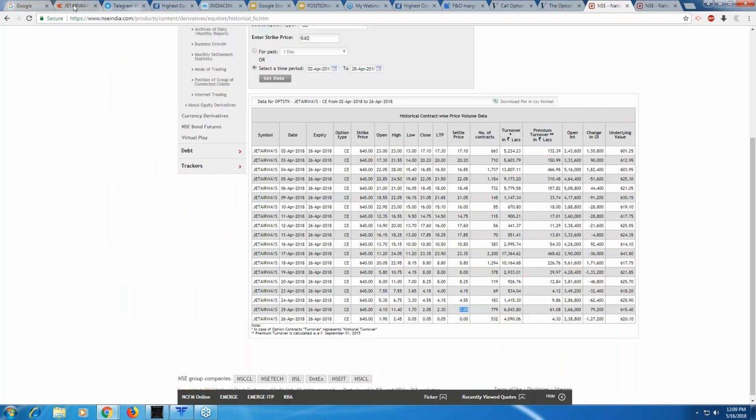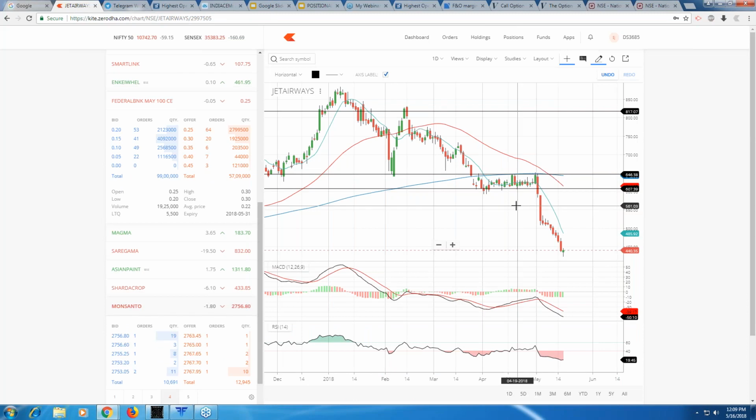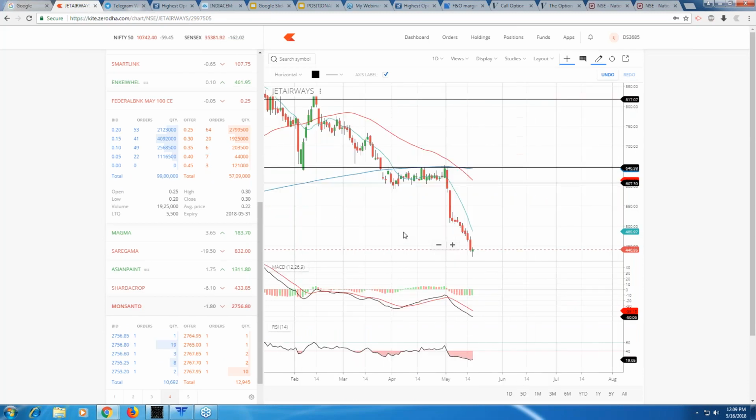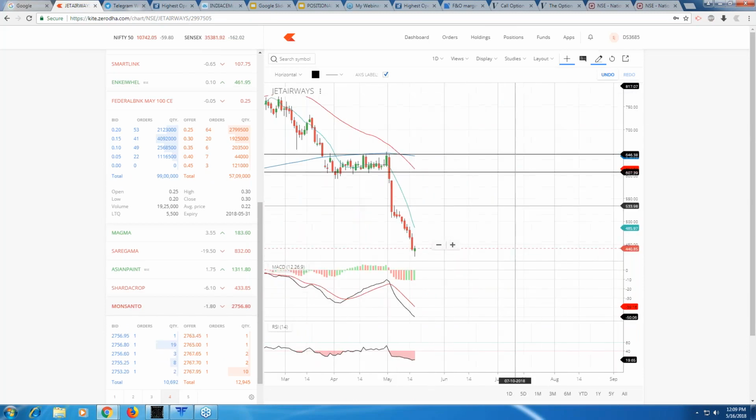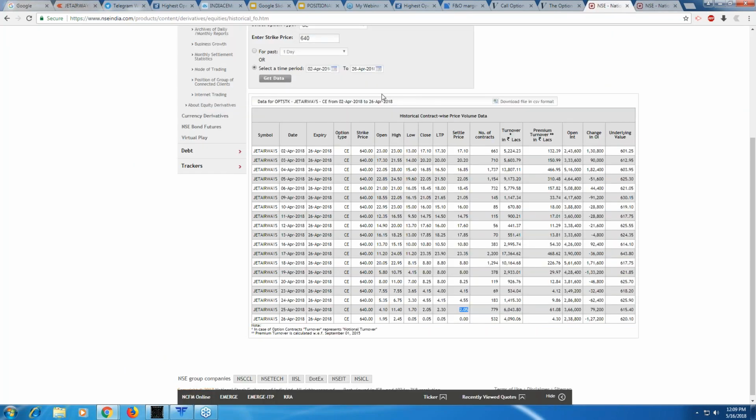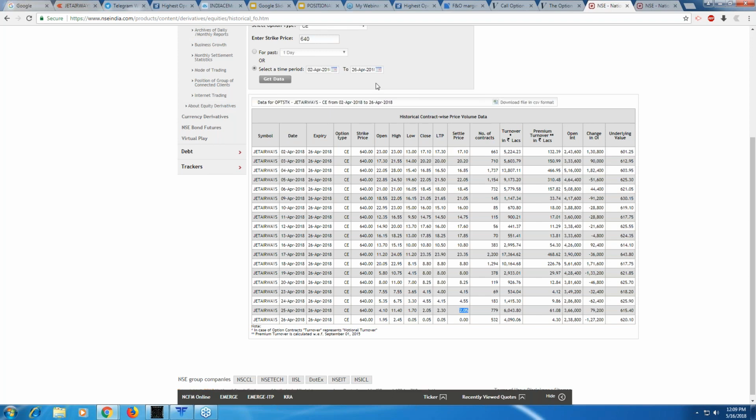But at the same time, if you see the month of May, there's huge momentum in Jet Airways. You can see from 642 it has become 430. And from when to when? 2nd May till yesterday, 15th May. Let's see what's happening in the month of May.